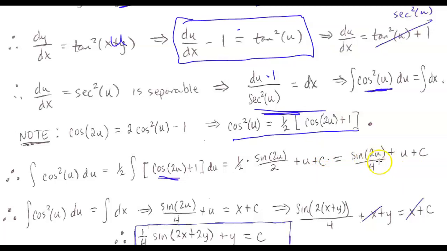So we take all this and simplify everything, and the result ends up being 1/4 sine of 2u plus u, and then plus the constant. And please note that the 1/2 only goes to these two terms here. It does not carry over to the value of c here.